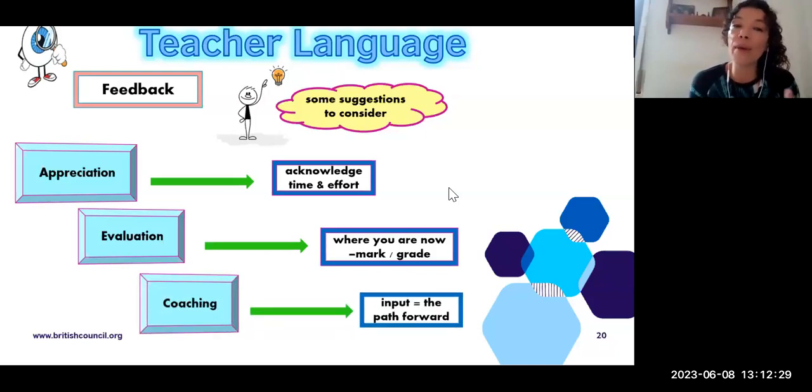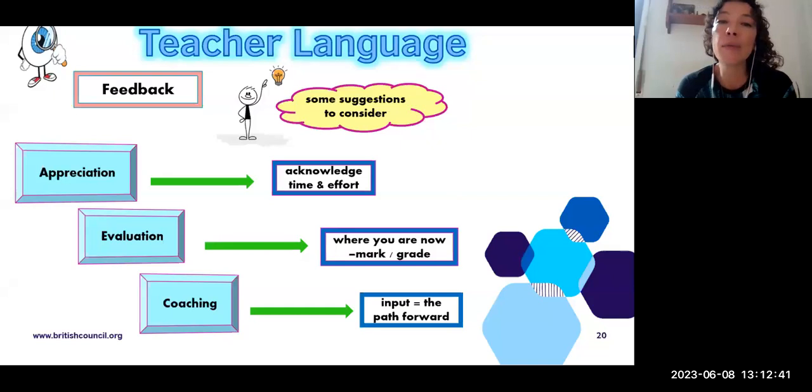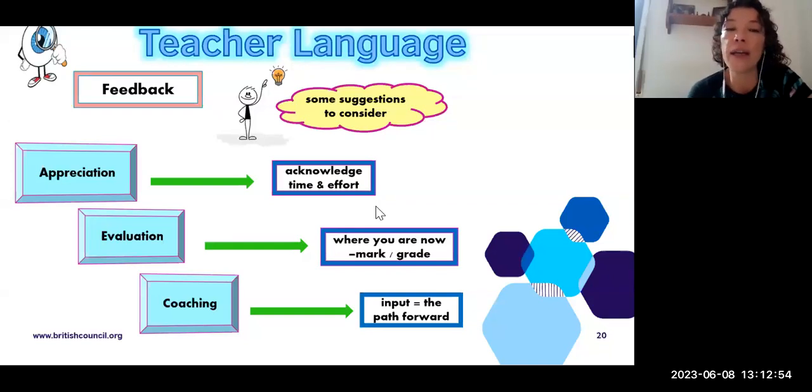This is where we have the opportunity for input, which shows the path forward. So next time around, you can do this and this specifically. So what do we feel about that? Is that something that you do currently, something you would like to do? Is there something that you're doing at the moment or you could incorporate?